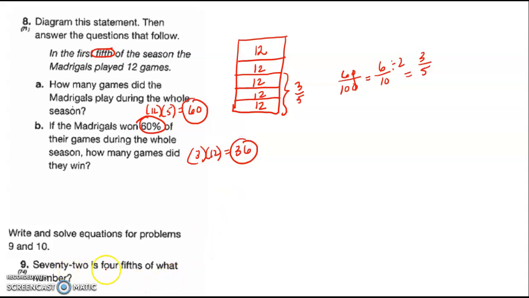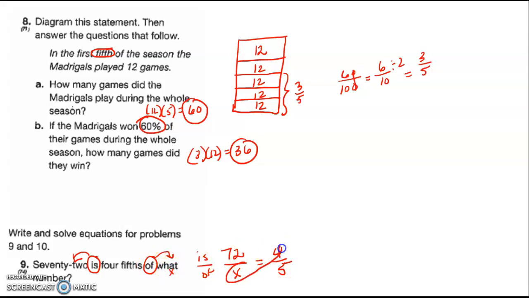Okay, 72 is 4/5 of what number? So this is going to be an is over of. Is of, 72 is 4/5 of what number? So 4/5 just stands on its own. Of what number? That's going to be x.